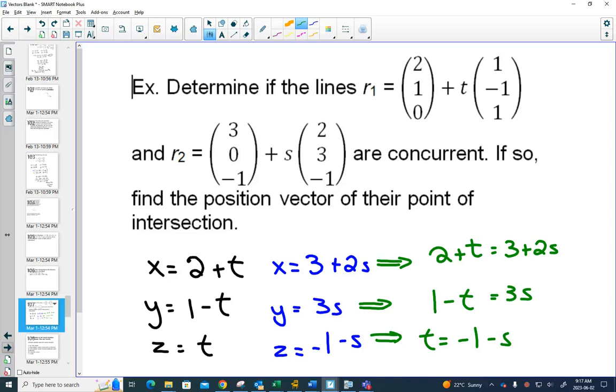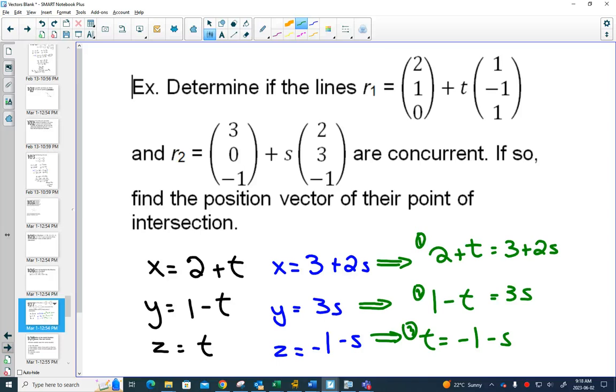Notice the green equations have only two unknowns. You don't know s, and you don't know t. How many equations do you need to solve for two unknowns? You only need two equations. So I could choose equation 1 and 2, or 2 and 3, or 1 and 3 to solve for s and t.